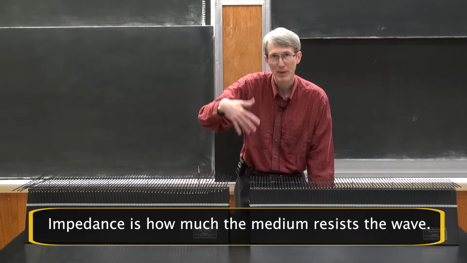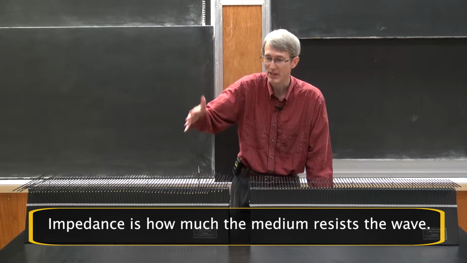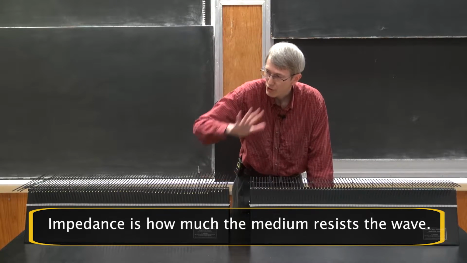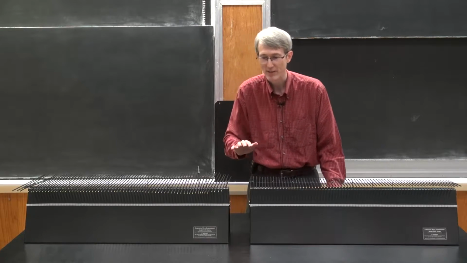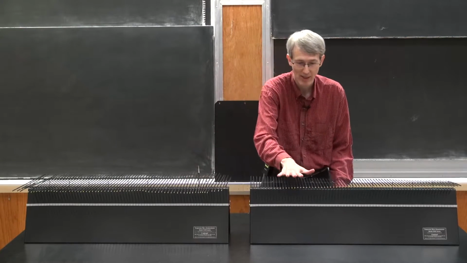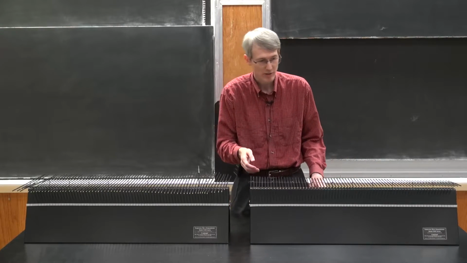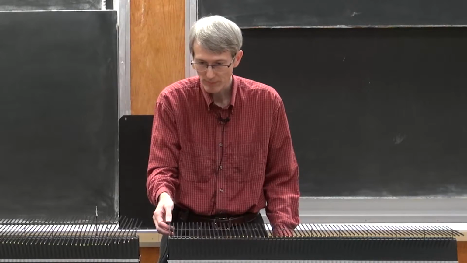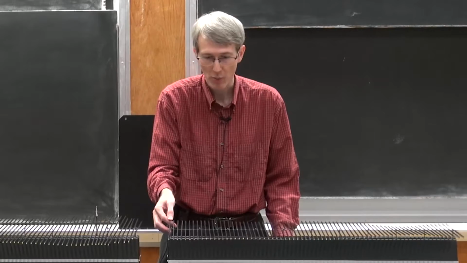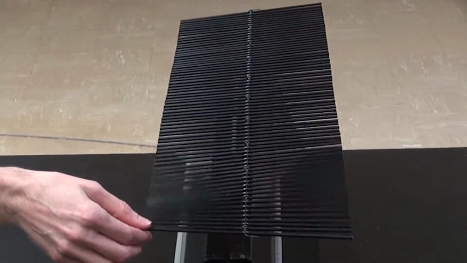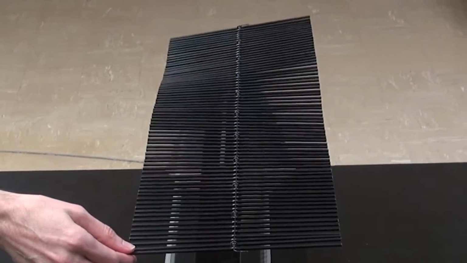A larger mass is a larger impedance, so a larger rotational inertia is also a larger impedance. So this has a higher impedance than this machine. And let's see what that does to wave speed. OK, so we're seeing that this machine with a smaller impedance has a faster wave.